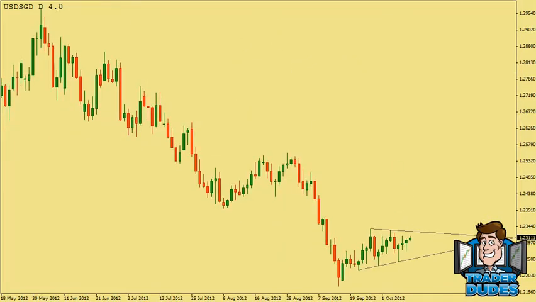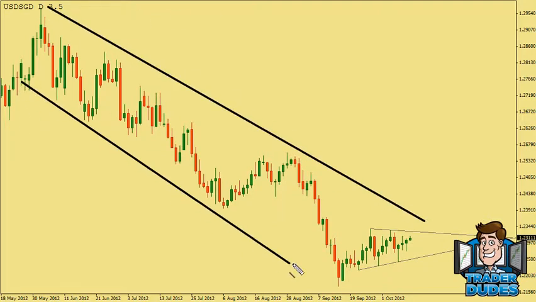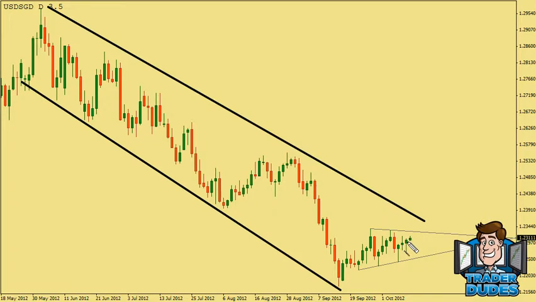Like I said, on the daily chart, we are in a significant downtrend. So ideally, we'd be looking for a continuation down. Perhaps you could play a breakout down here, or ultimately a retrace, and continue with the trend.